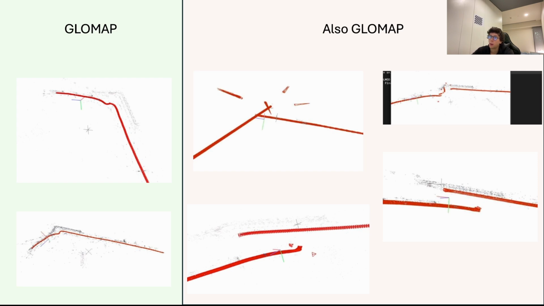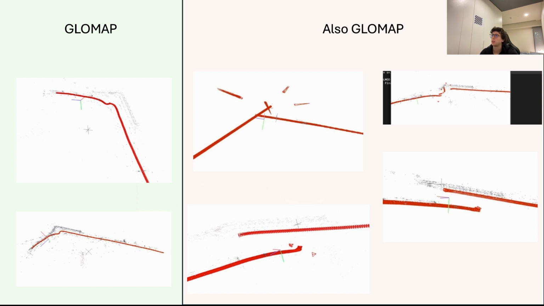Then another quite funny example is GLOMAP. These are all the same inputs, just different runs, and sometimes it gets it very accurate, some other times as well, but sometimes it just does not converge to the correct minima, let's say.